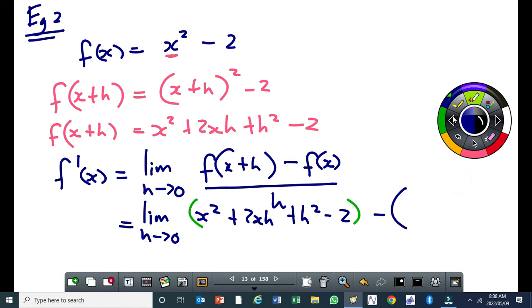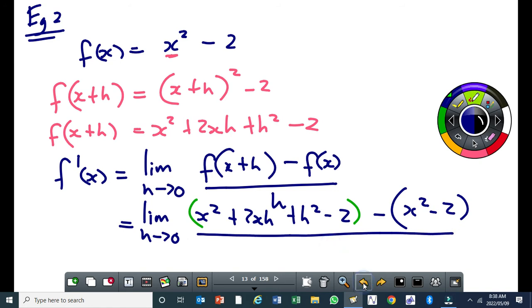So we'll put it in brackets, so we'll get x squared minus 2, all over h. All right? Now let's remove the brackets there. Then move on.